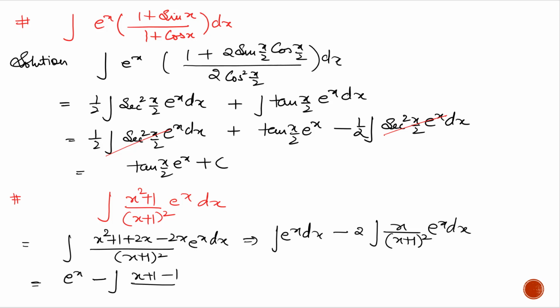In the second part, we will add and subtract 1 in the numerator. And when we simplify this, we'll get the answer e raised to power x minus twice of e raised to power x divided by x plus 1 plus c, because the derivative of 1 upon x plus 1 is minus 1 upon (x plus 1) whole square.